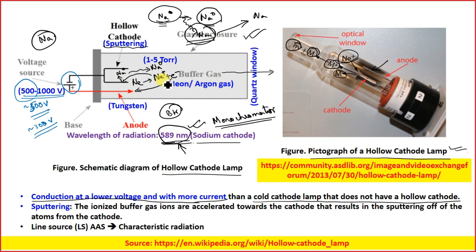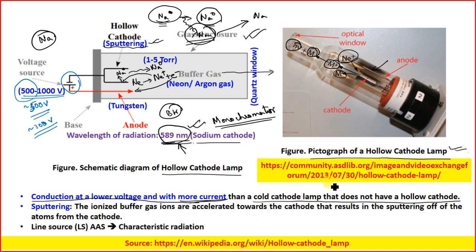So more of this charged neon gas is going and striking the cathode. If it had been just a wire, it would have had a very small area, and the effectiveness of the sputtering would not have been quite high.